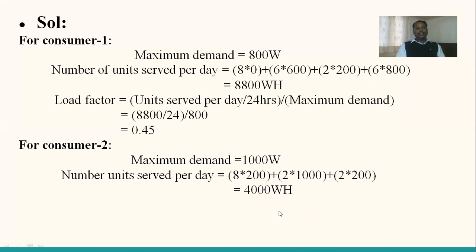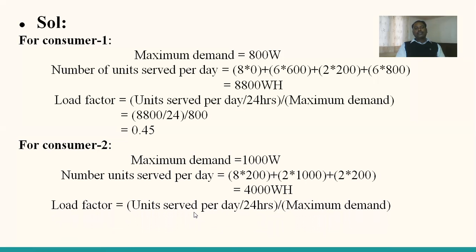Similarly, calculate the load factor here again. So the load factor is average demand by maximum demand. So as usual, 4000 by 24 divided by 1000, where 1000 is the maximum demand. So the load factor is 0.16. So for consumer 1 the load factor is 0.45, and for consumer 2 the load factor is 0.16.